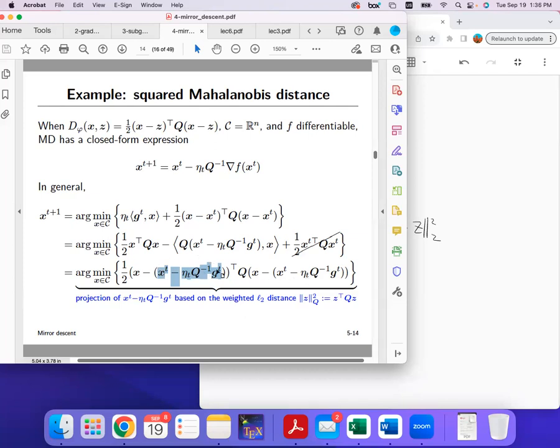Here we are looking at the scaled distance based on Q. So this is a projection of this point based on this weighted L2 distance, which is a scaled distance by the matrix Q.